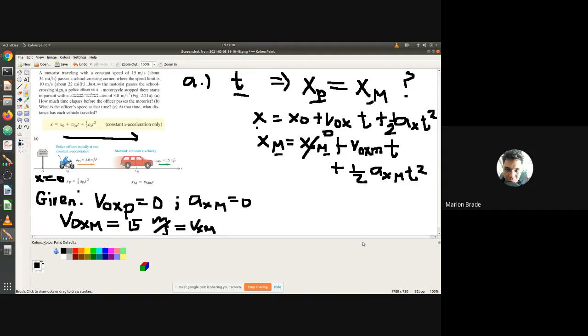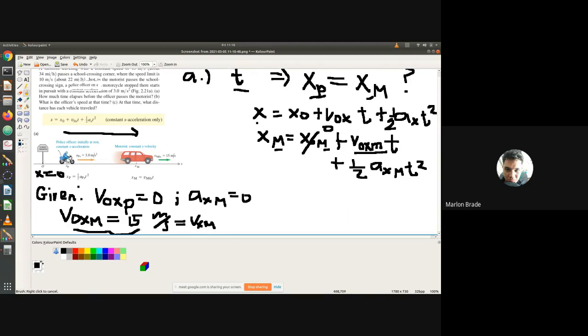What is v naught xm? This is equal to 15, right? So x m is equal to 15t. But what is the acceleration of the motorist?